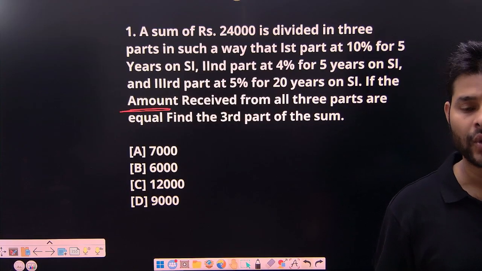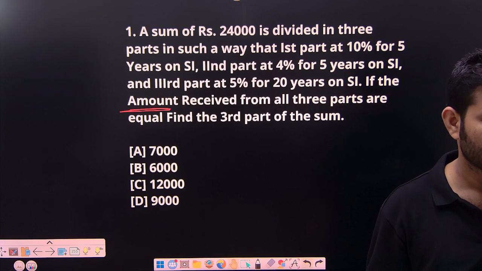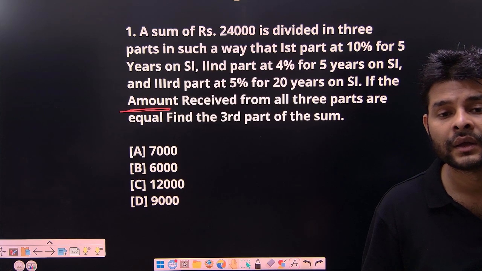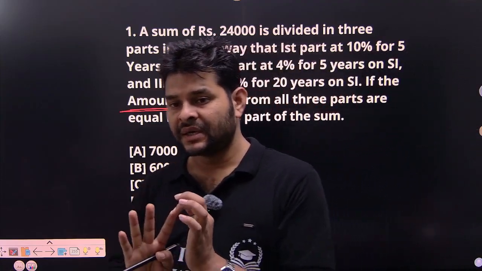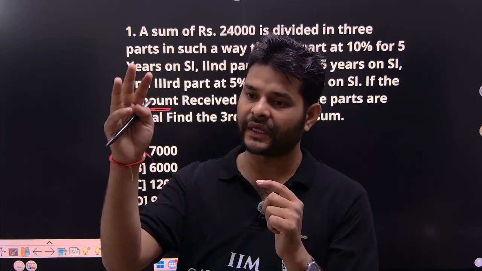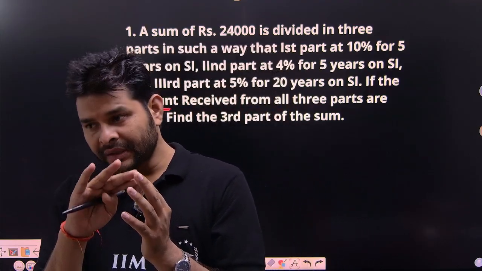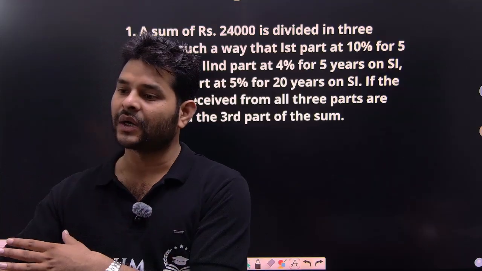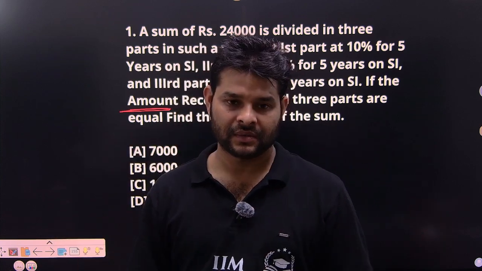Basically, the first question of type 10 says 26,000 was the principal, and that principal is divided into 3 parts, and on these 3 parts the simple interest that we get is equal. But in type 11, the amount that we get is equal. This is the basic difference.